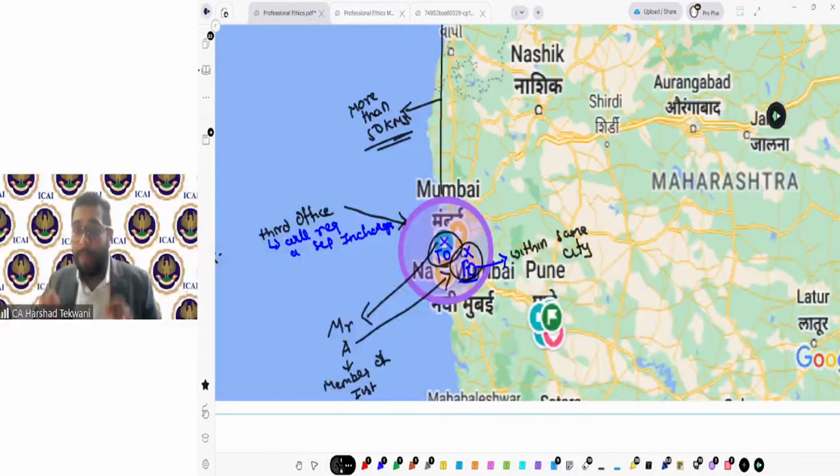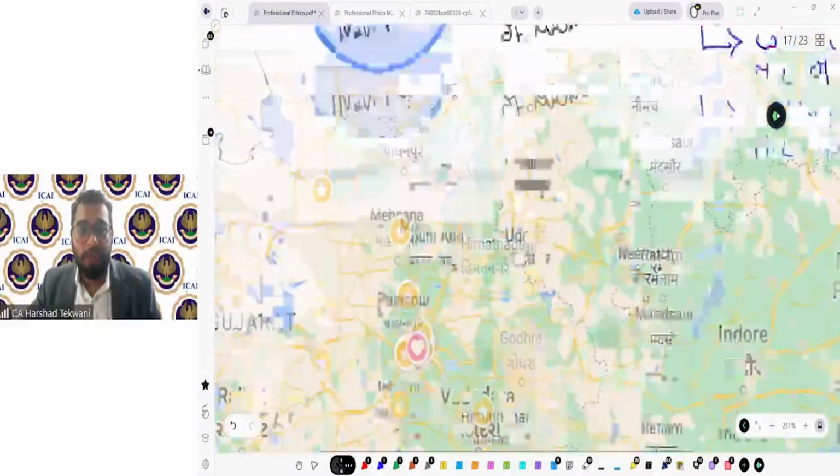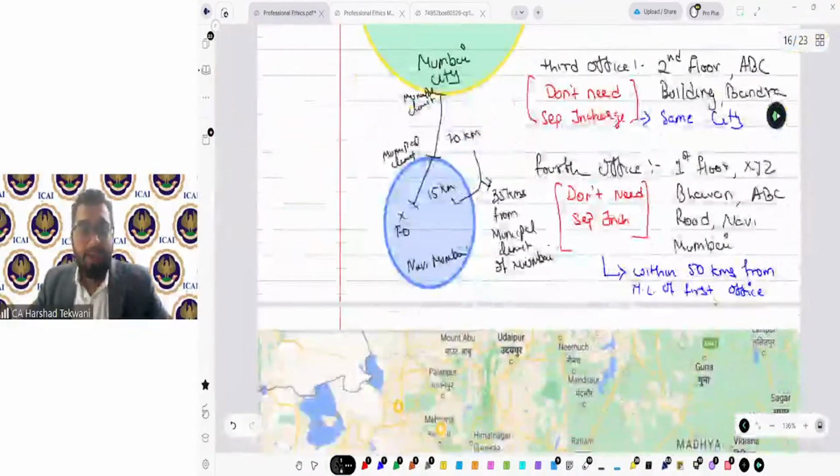Understand the concept. I'm not saying you need to only see with the main office, the head office. No, it is from the point of view of the member in charge. The member who is in charge of the office can be in charge of two offices if the conditions are satisfied. So here in our example, they can be in charge of two offices.